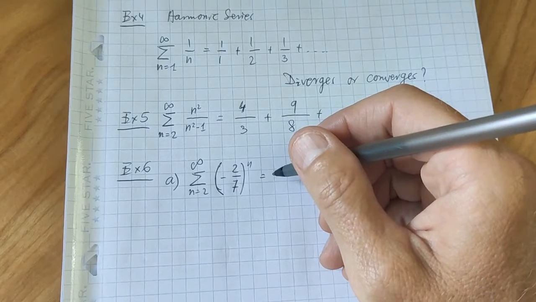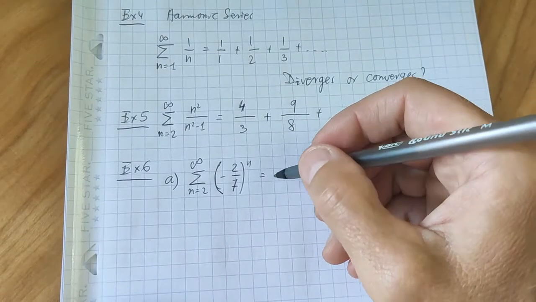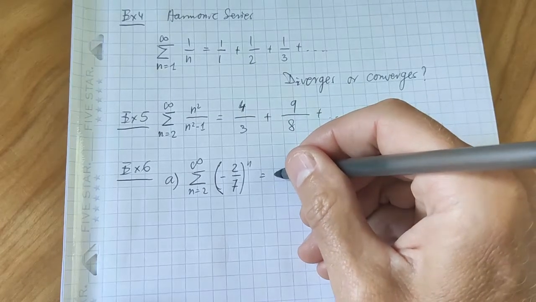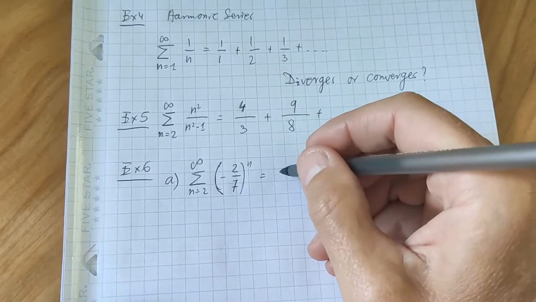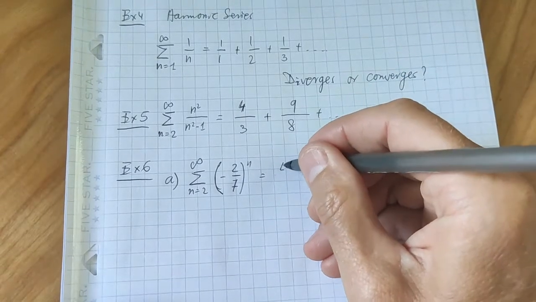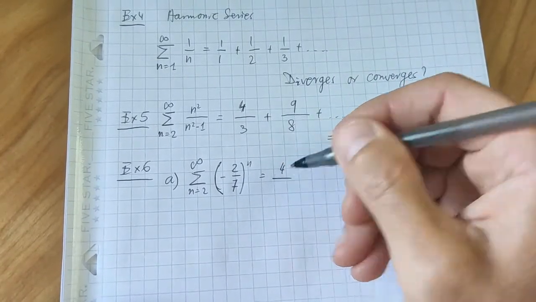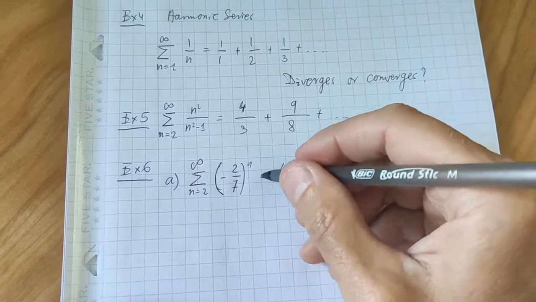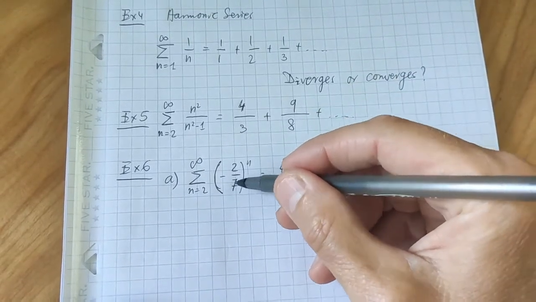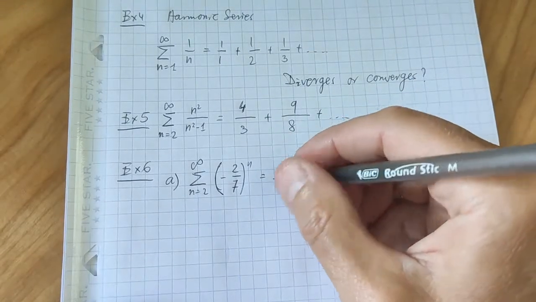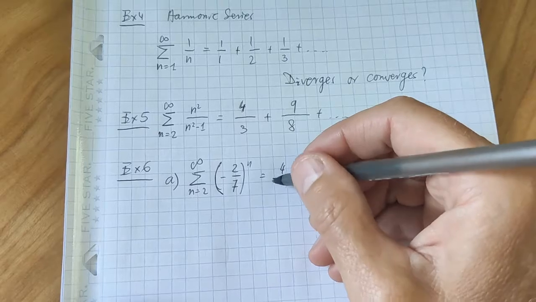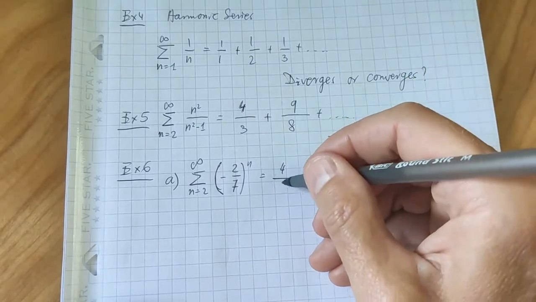If n equals 2, I will have... or is it 4? I know how to, but I don't know what 7 to the 3rd power is. I'm not going to do it, and I don't have my calculator here. Anyway, so the first term would be 4 over 49.